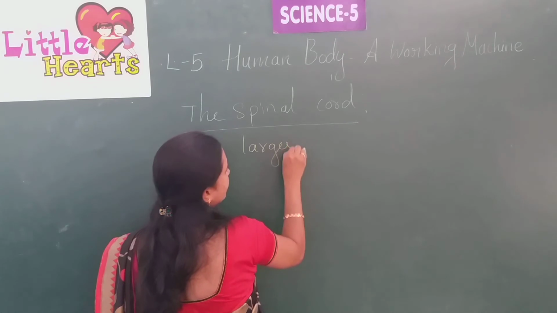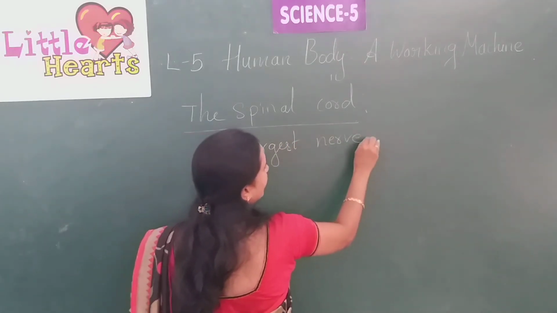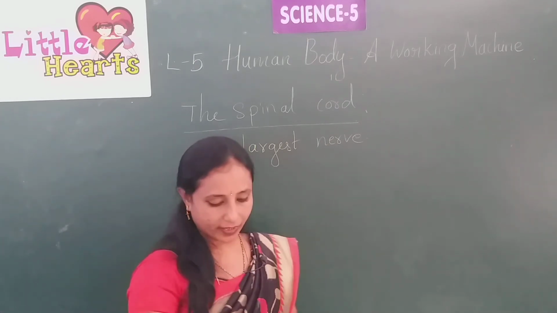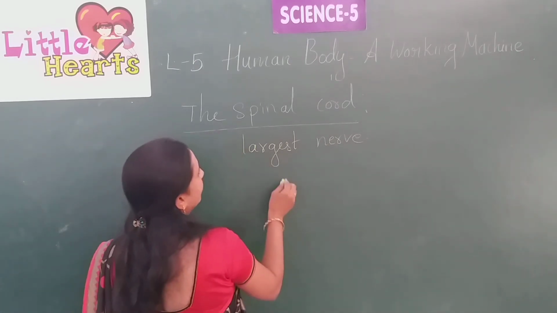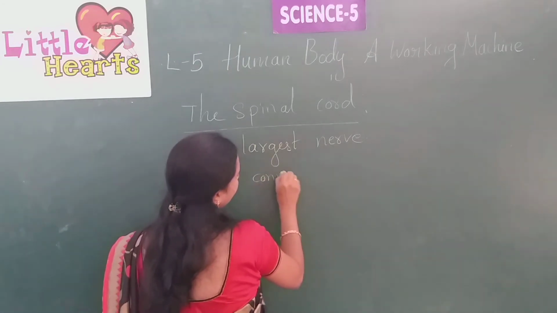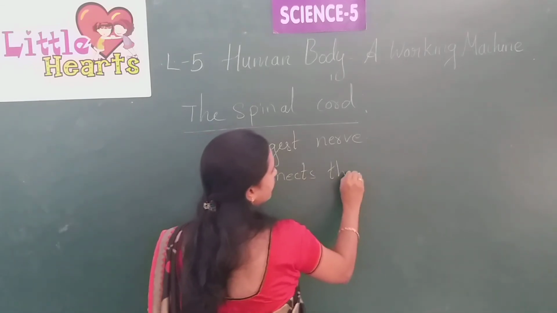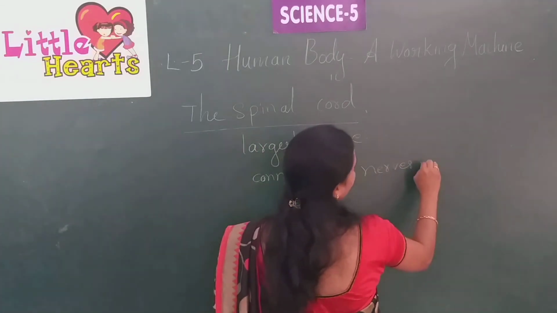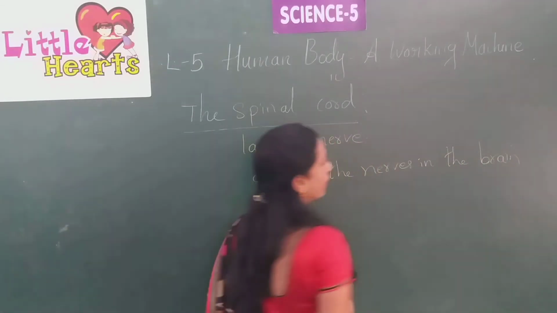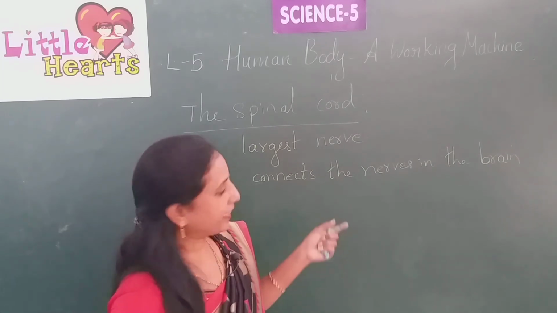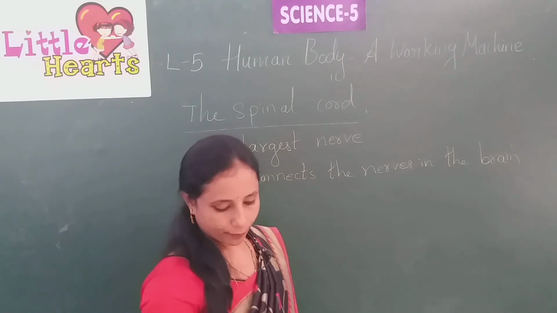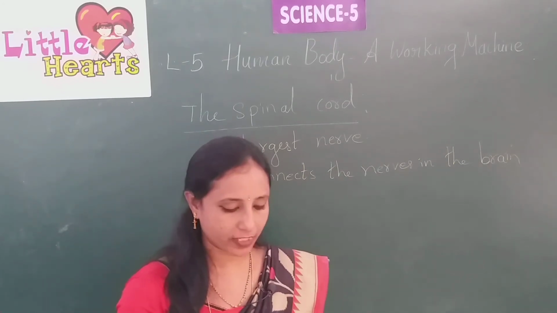It is the largest nerve in the body. It connects the nerves in the body with the brain. Okay, and it carries impulses to the brain and from the brain to all the parts of our body. This is the main function of the spinal cord.